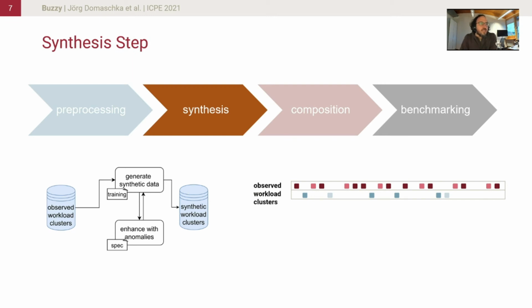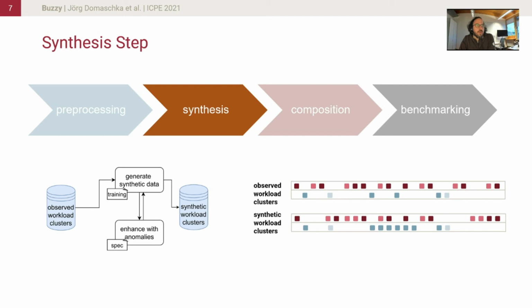In the synthesis step, we take the observed workload clusters that we get from the pre-processing phase and feed them into the data generator. During that phase, we would also be able to enhance the synthesized data with anomalies, just to compensate for anomalies that we do not see in the data.